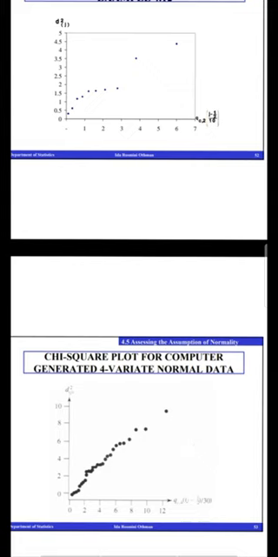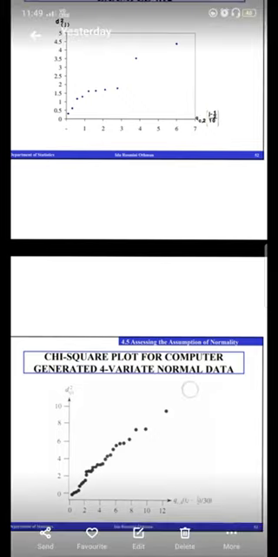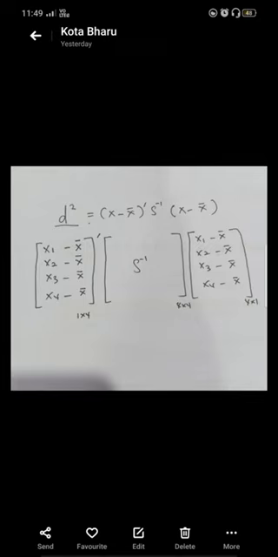Okay, so first of all, macam biasalah, kita kena cari nilai d square for every observation. Contohnya kita punya data, okay, macam mana nak cari d square? So dia akan jadi macam ni lah, x1 minus x bar, x2 minus x bar, x3 minus x bar, x4 minus x bar, kan? And then transpose here will be the value of variance covariance matrix dan juga x minus x bar.